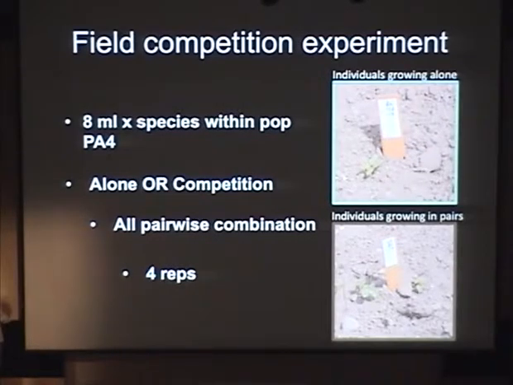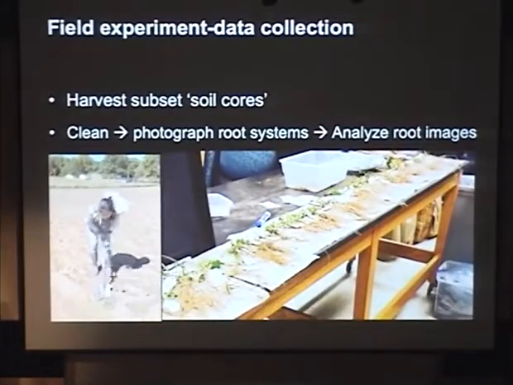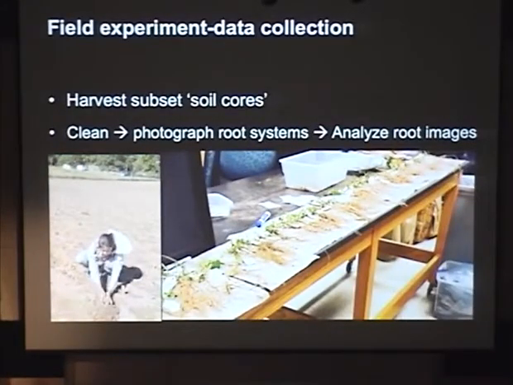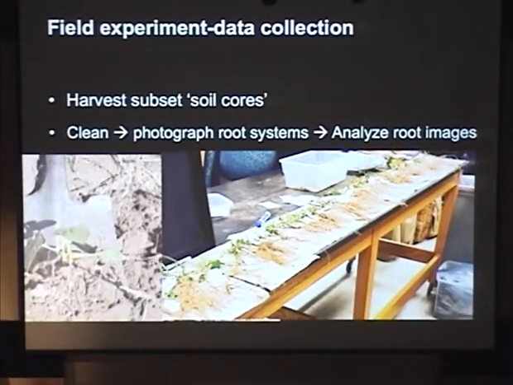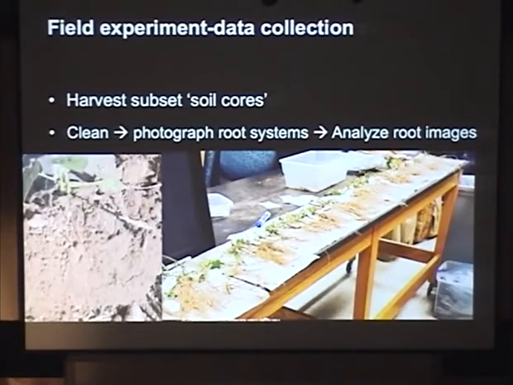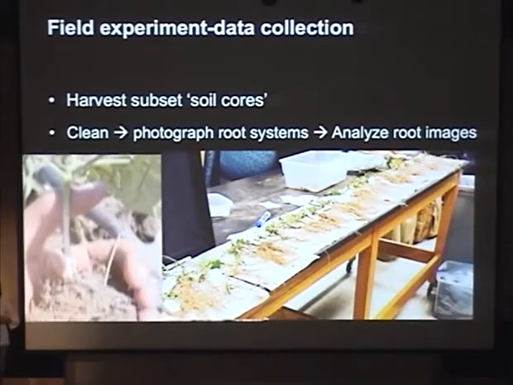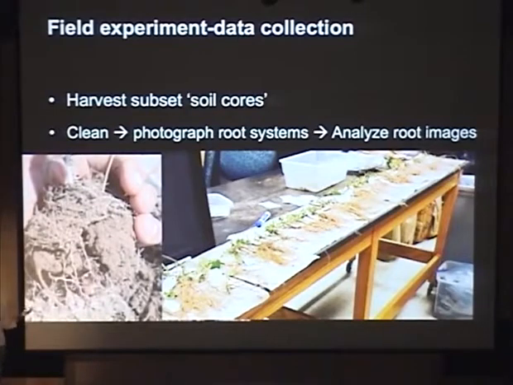And so what I did was I drew 8 maternal lines per species within just a single population, alone or in competition, for all possible pairwise maternal line by species combinations. And so basically, the first part of the study is to see how these root traits vary when they're grown in the field. And so I dug up half of the plants I had out there to phenotype the root systems.